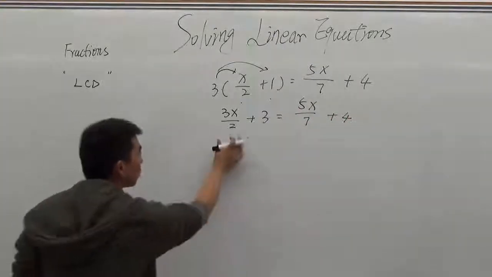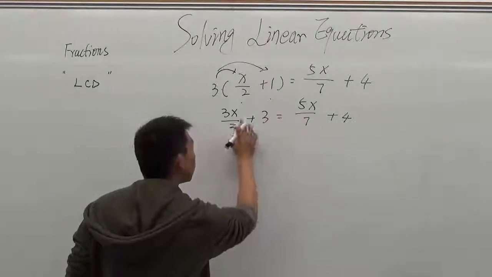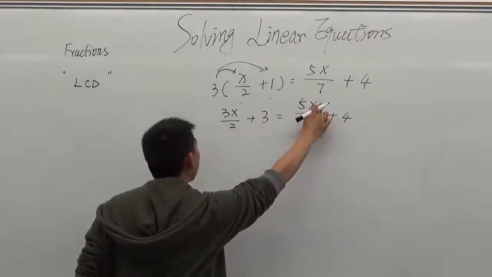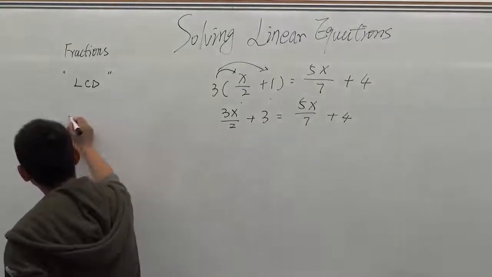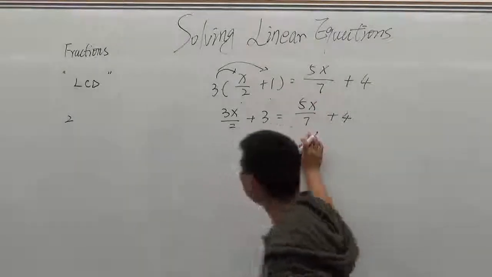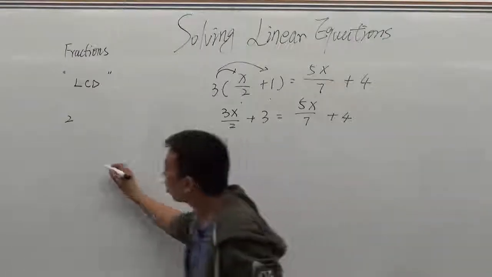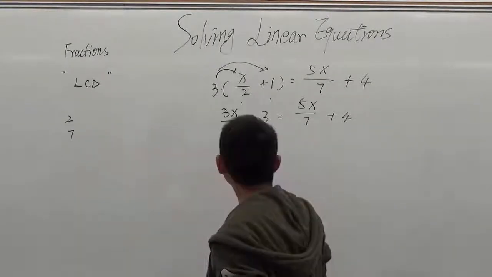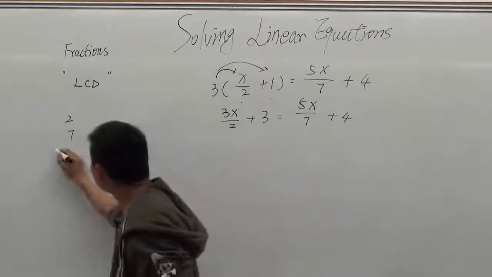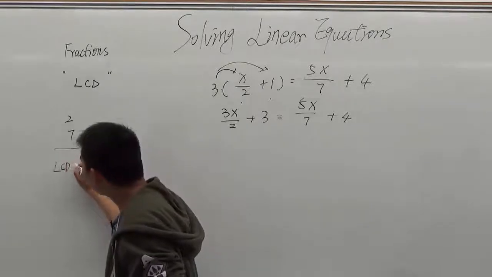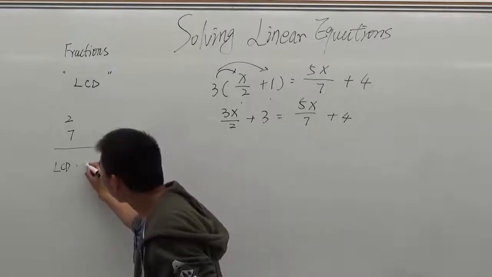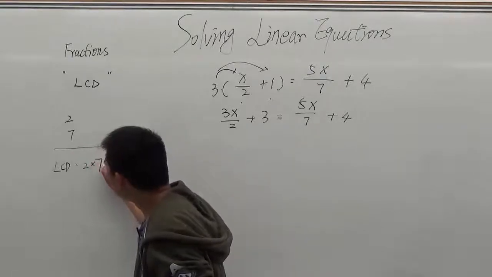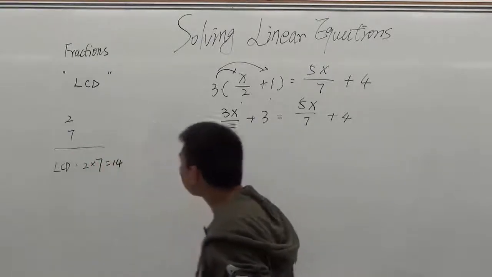As you can see here, it has two fractions. Here's a 3x over 2, here's 5x over 7. The denominator here is a 2, it's a prime number, and also here is a 7, is a prime number also. So the LCD is very easy, because in a prime number you cannot have factors, so you just need 2 times 7 equals 14.